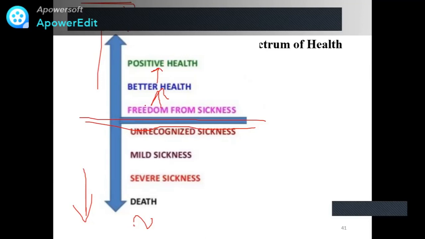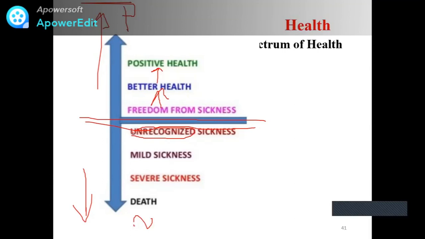Then, the healthy situation. However, negative health begins from unrecognized, unidentified sickness. People say, my stomach is paining, or my stomach is not properly functioning, my head is not properly functioning, my body is not properly functioning. The person doesn't know what the sickness is, what the symptoms are, or what the real cause of the illness or disease is.